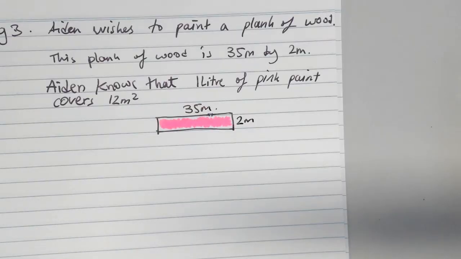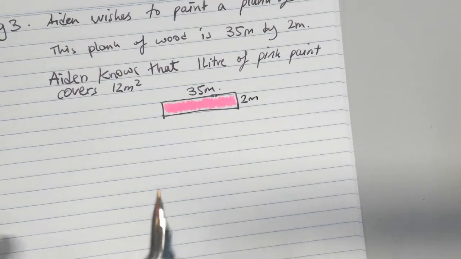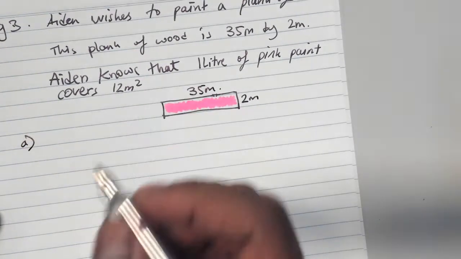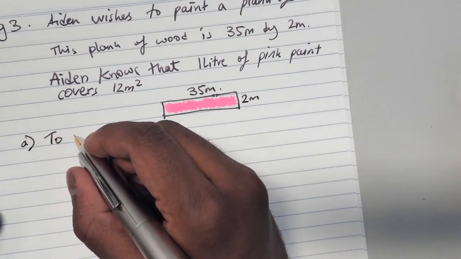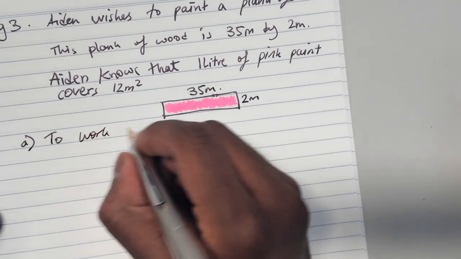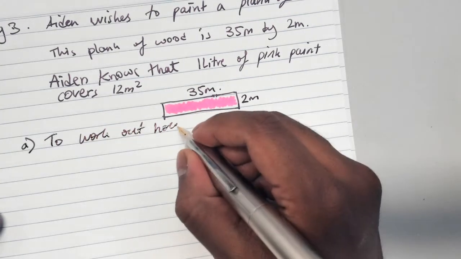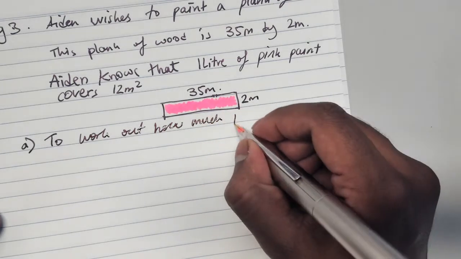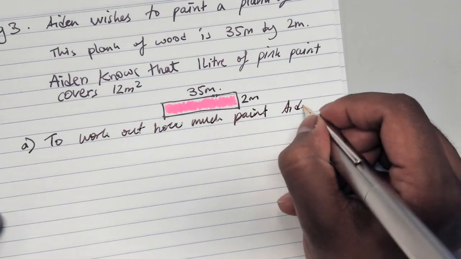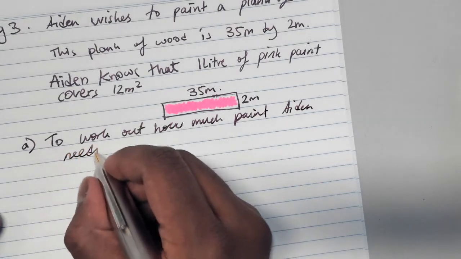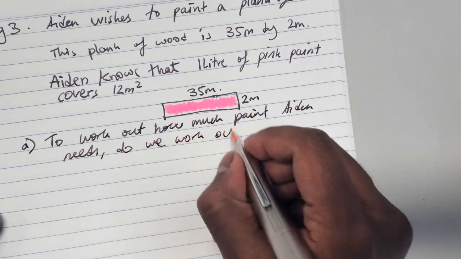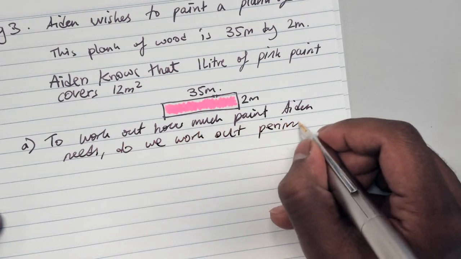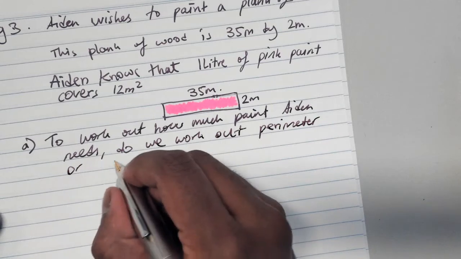So we'll leave it like that, and we'll go to question A. To work out how much paint Aiden needs, do we work out perimeter or area?